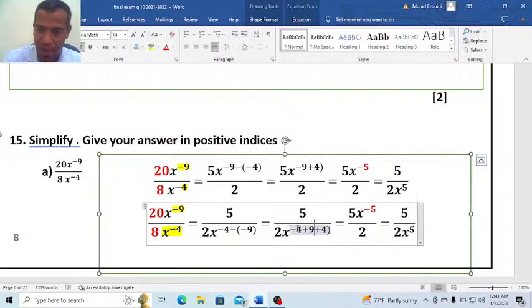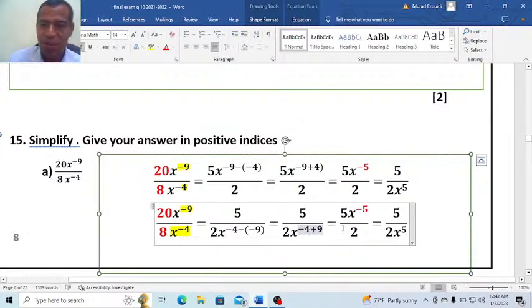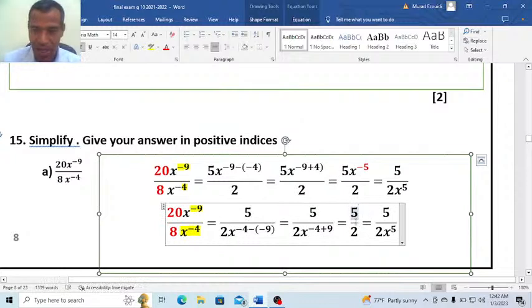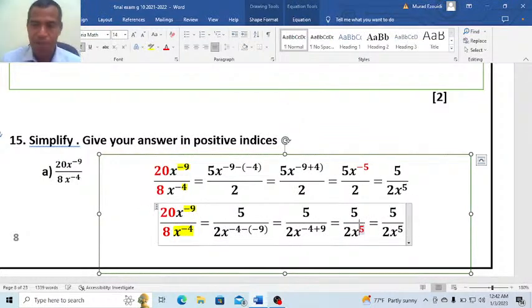Now you can see 9 minus 4 is 5, so I will just write it as 5 over 2x to the power 5.